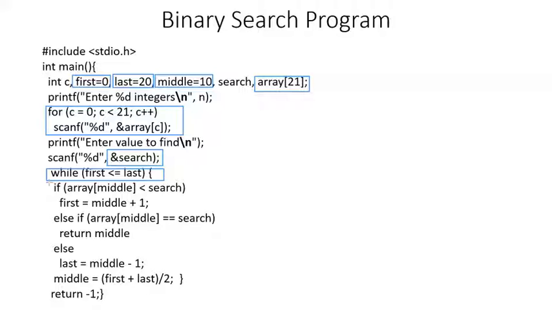If the first 2 conditions are false, that automatically means that condition number 3 is correct. So what is the first condition? The first condition is if the element in the middle of the array is less than the element that you are searching for. The second condition is if the array element at the middle is equal to the element that you are searching for.